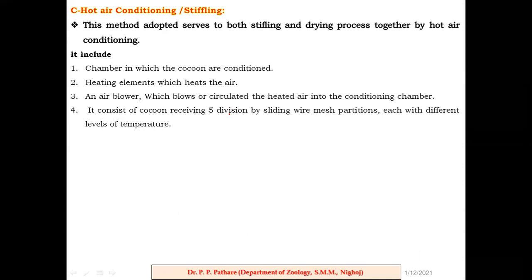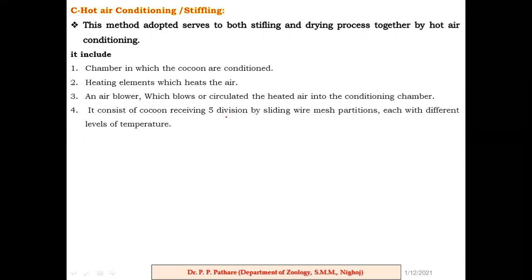These are some of the requirements for hot air conditioning. It consists of a cocoon receiving unit with five divisions or chambers, separated by sliding wire mesh portions, each with a different level of temperature.